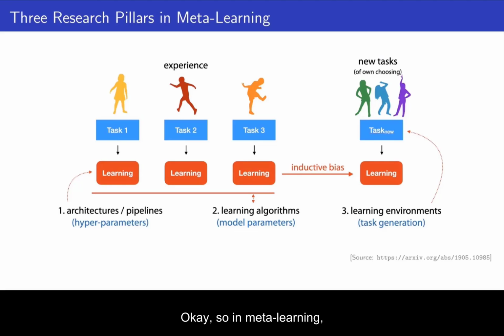Okay, so in meta-learning, we generally define three research pillars: architectures or pipelines, learning algorithms or model parameters, and learning environments or task generation. The research in architectures or pipelines addresses questions such as which architecture or pipeline can be used to find the best model, or which architectures are more transferable.